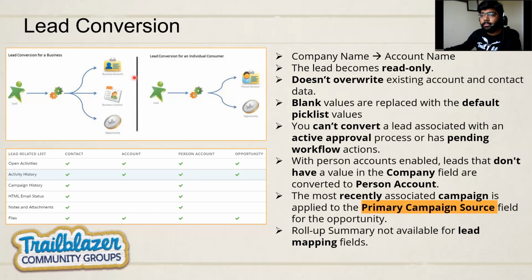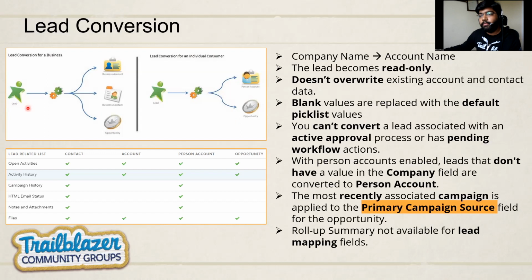But for the new account and contact, all the information will be created and populated. And even if you have set some default values, it will not put the default values. It will always put the values which are on the lead and override the default values during the conversion. Blank values will be replaced with the default picklist values if there is nothing on the lead.